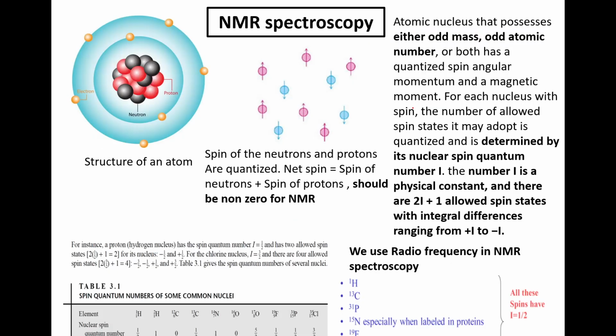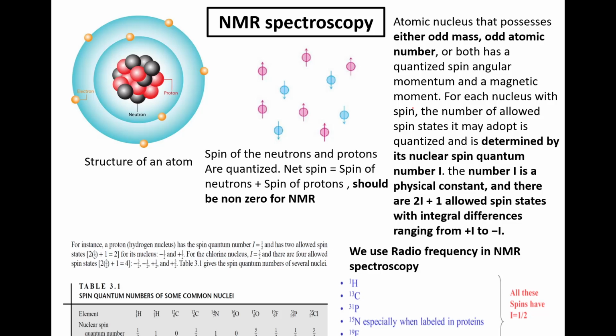Now, if you remember, in the last slide I said that there are certain atoms or elements which are NMR active, and there are some atoms which are NMR inactive.